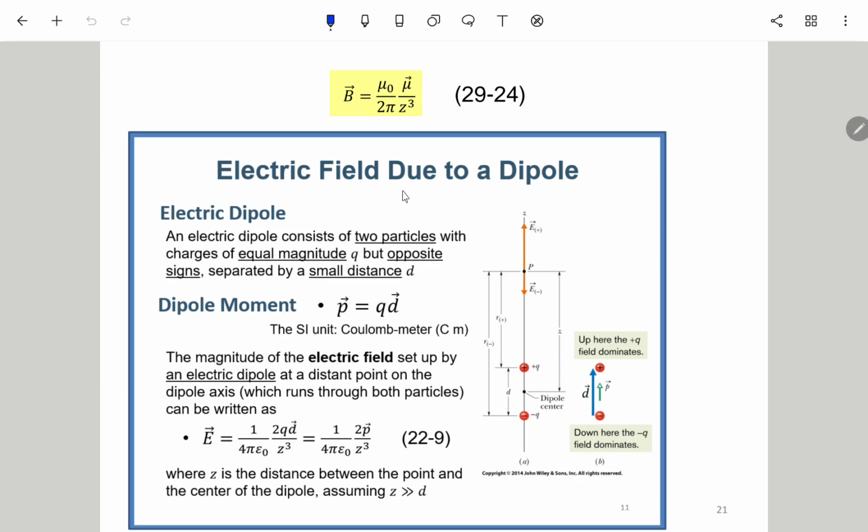Okay, so the electric field generated by a dipole looks like this. Comparing with this one, we have 4 pi epsilon naught, mu 0 over 2 pi, and then we have a 2 here. If we cancel, we get E equals 1 over 2 pi epsilon naught, and then P vector over z cube. So we compare this one and this one. This is the magnetic dipole moment.